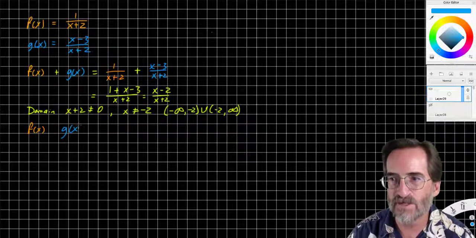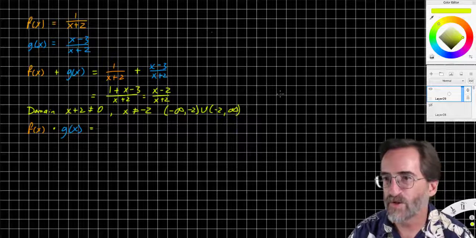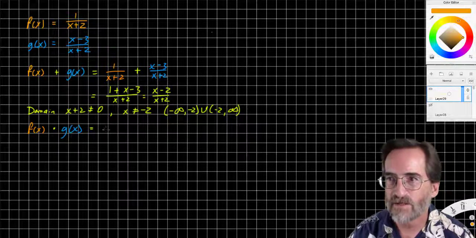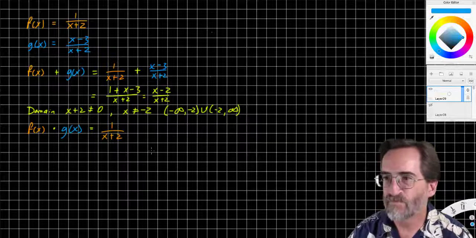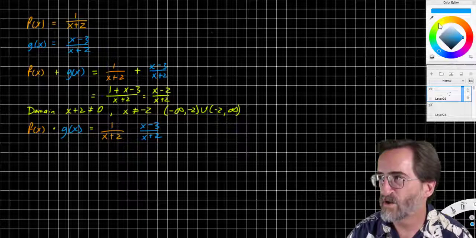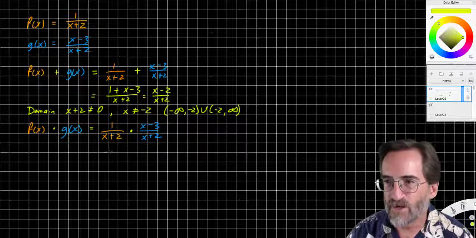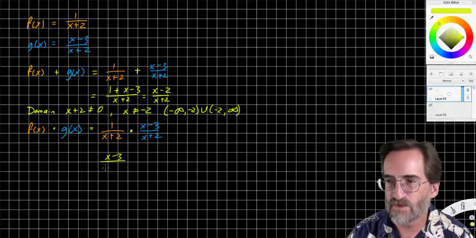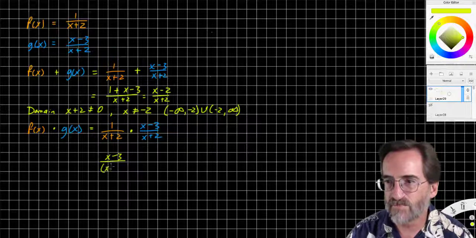So f of x times g of x, and we simply multiply the two functions. F of x is 1 over x plus 2, g of x is x minus 3 over x plus 2, multiply straight across. 1 times x minus 3 is x minus 3. x plus 2 times x plus 2 is x plus 2 quantity squared, which I'm going to leave as is.